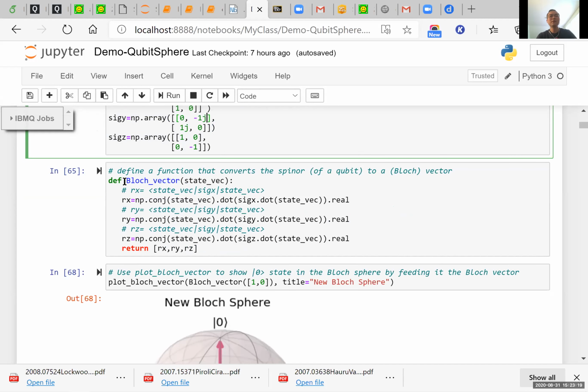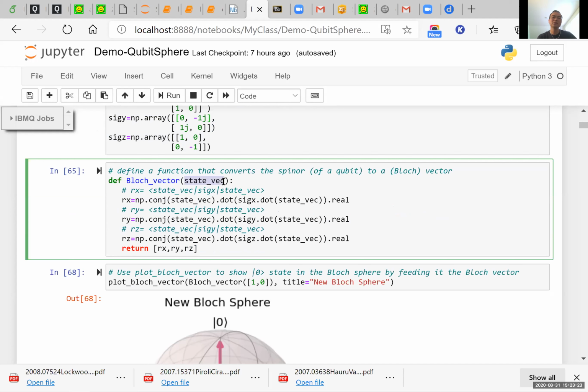And here I define a function that maps a spinor, this is a spinor as an input, that I turn into Rx, Ry, Rz. So it basically just writes out the Rx, how it evaluates using the spinor and the Pauli matrices.